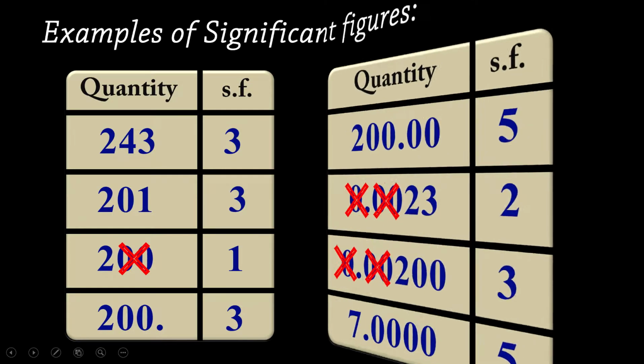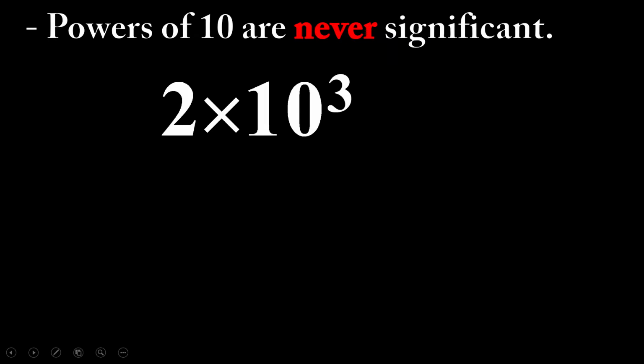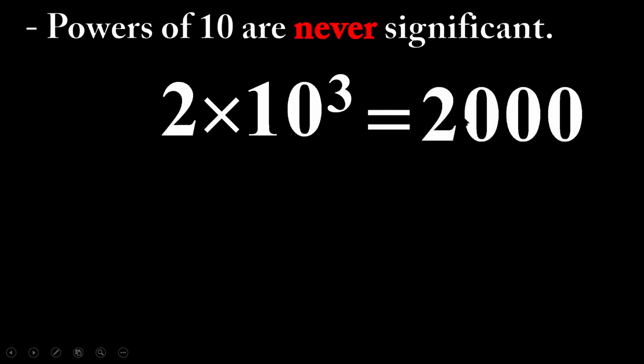Powers of 10 are never significant. What does it mean? Pay attention here. Suppose that the given value is 2 times 10 to 3. 2 times 10 to 3 could be rewritten as 2000, and it has 3 trailing zeros. We will disregard them and just I have 1 significant figure here. 10 to 3 is just the 3 trailing zeros and nothing else.